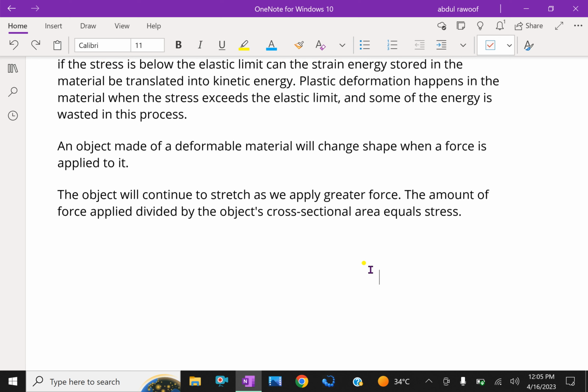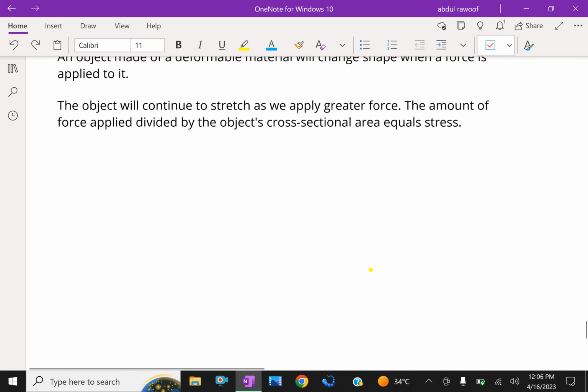Now we'll do some further explanation of strain energy stored. Here we'll calculate the work done, the strain energy stored, by this method.